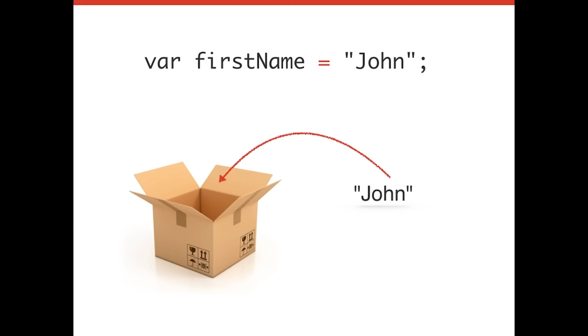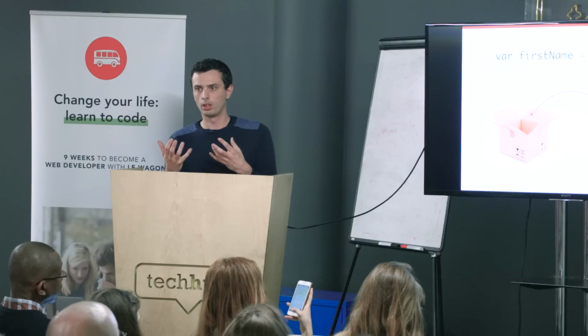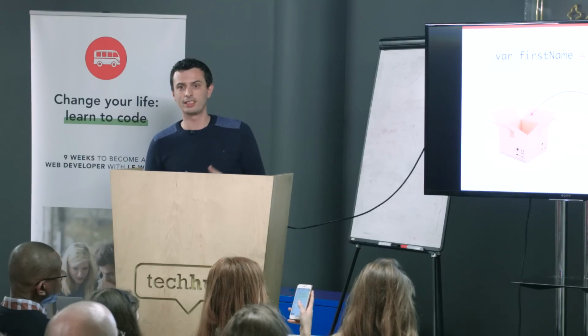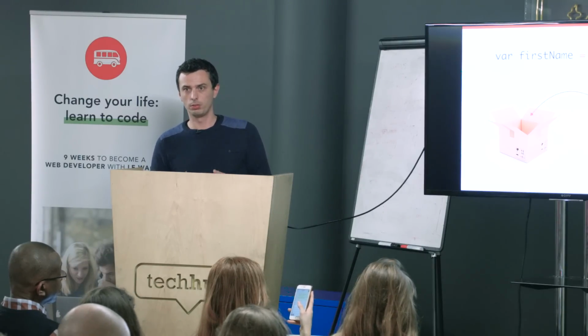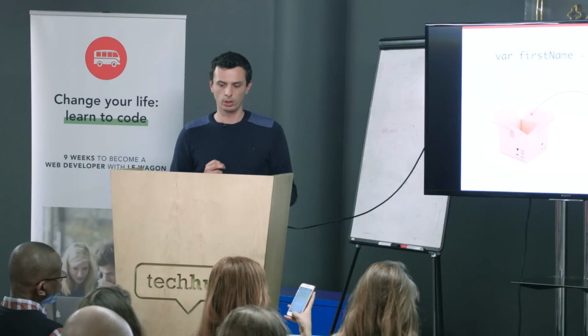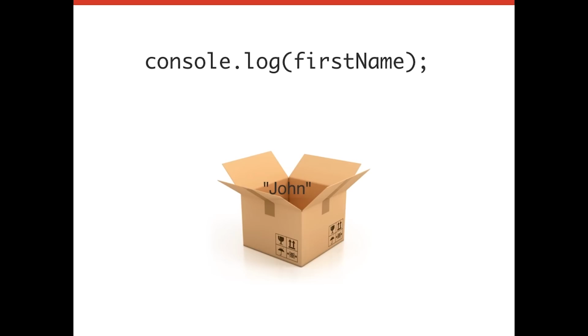So the equal sign here is not something to compare values like we have in math. It's something which we call the assignment operator. Something which is useful to put information inside a variable. And after this statement, if I log on the console the information inside the variable, it will print out John.